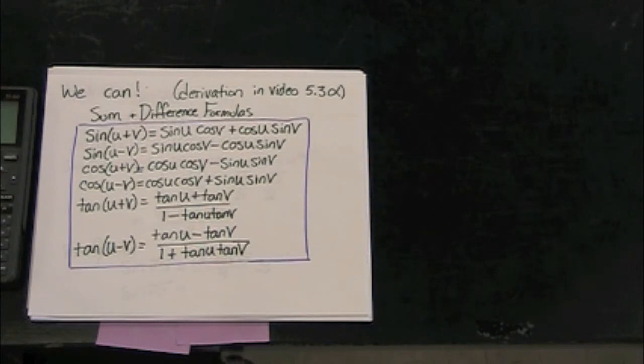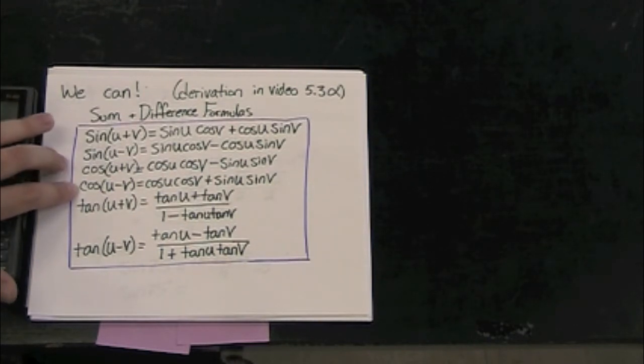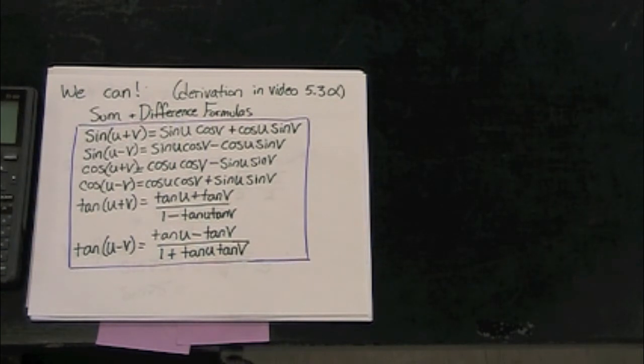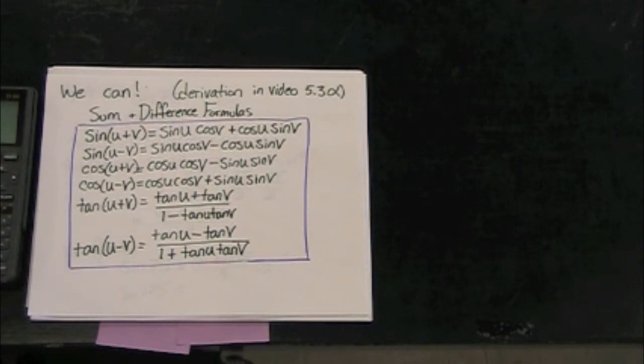If you're interested in seeing where these come from, I'm going to do a derivation of how to get the cosine difference formula in video 5.3 alpha. It's not required for my course that you watch it, but if you're interested in a combination of geometric and algebraic proof, that's what you could look at. Okay, for the next few slides we're going to be playing with these to see what we can do with them.